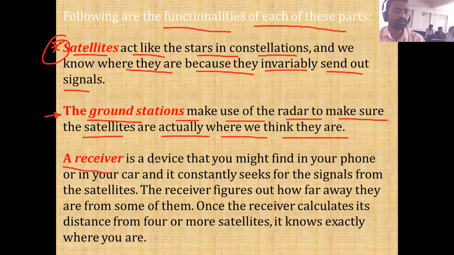And the receiver is a device that you might find in your phone or your car, and it constantly seeks the signals from the satellites. The receiver figures out how far away they are. Don't worry about this explanation. Just think that your parents are driving a car, and you are sending your location to them.